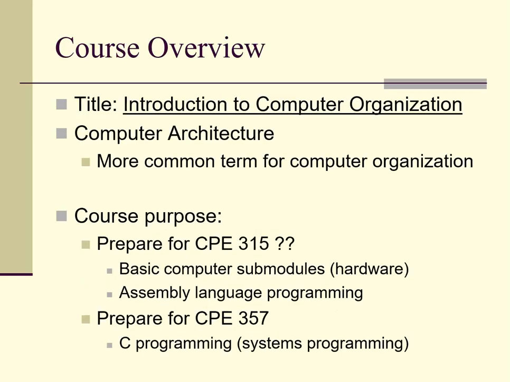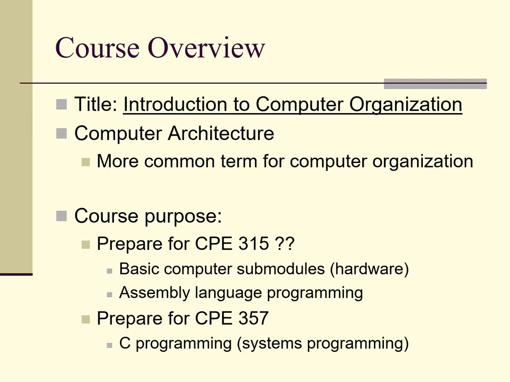So the course is Introduction to Computer Organization, and essentially computer organization means computer architecture. Okay, it's just a more common term for computer organization. So the purpose of this course, as the best I can see it, is two things.